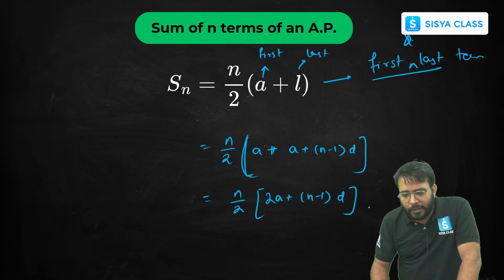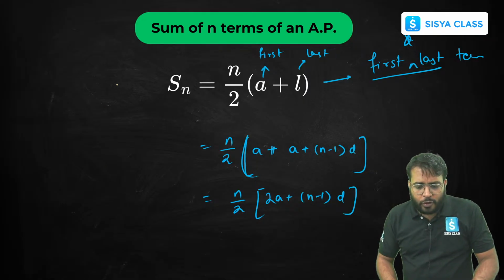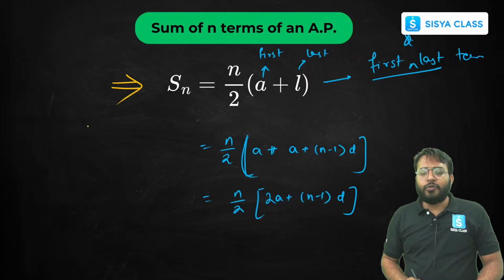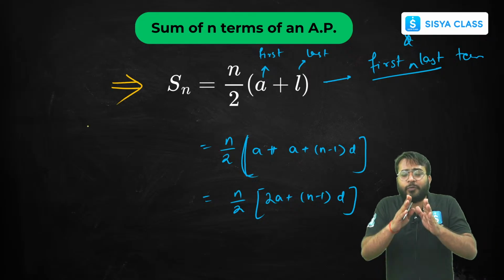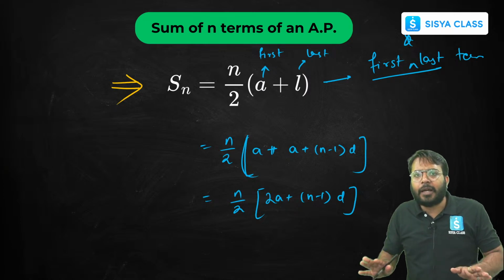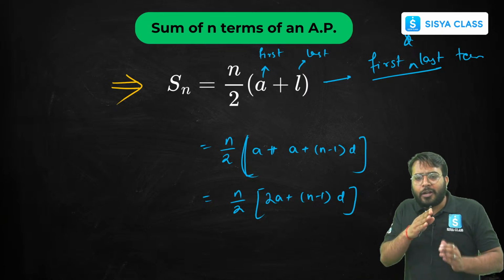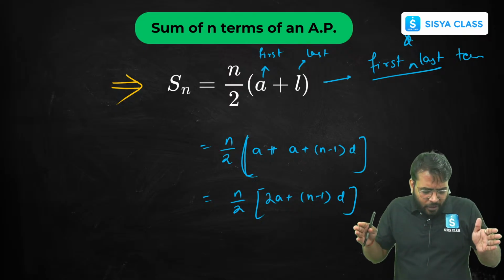Okay, fine. So when you are going to use your first formula, you use it when you have your first term and last term. If you know the first term and last term of the sequence, then you use this one to find the summation of all the terms of your sequence.